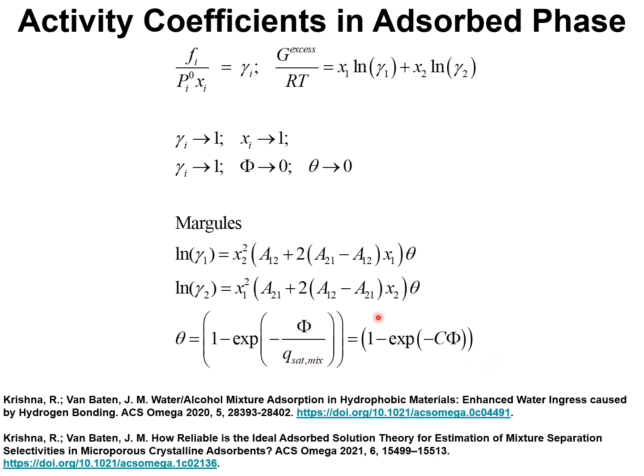And we may model activity coefficients in the adsorbed phase by using, say, 3 parameters, A12, A21, and C. This approach is described in detail in my 2 papers listed here, both of which are published in ACS Omega.